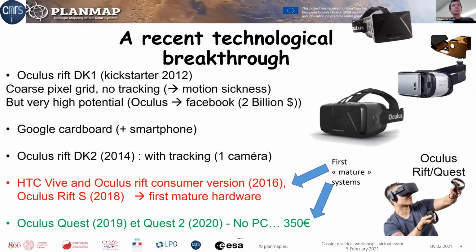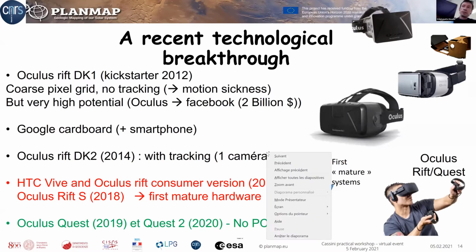It started with a small company called Oculus in 2012, which made a development kit called Oculus Rift DK1. This is what I brought to the lab. And we had a lot of fun with that, just to see some 360 panoramas, for example, or to start doing some VR.